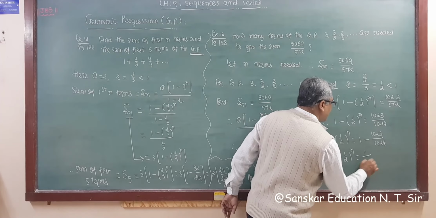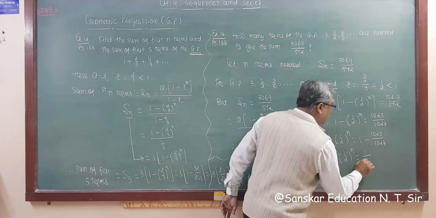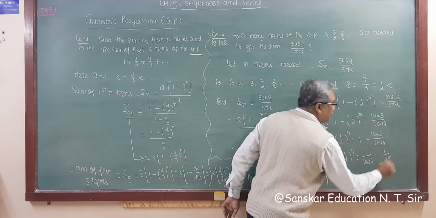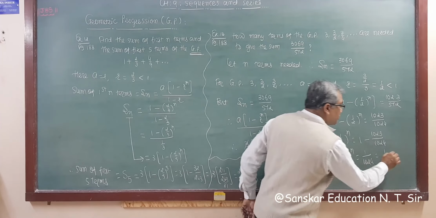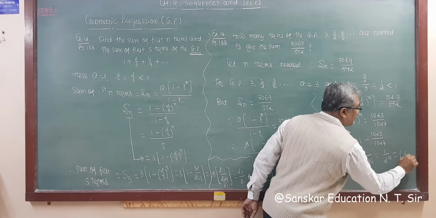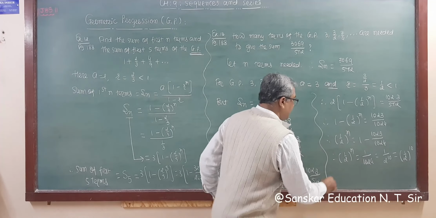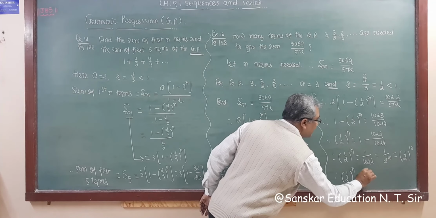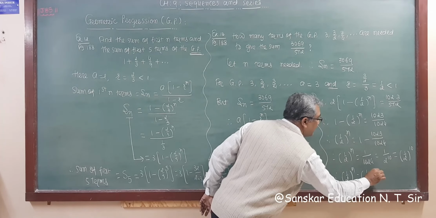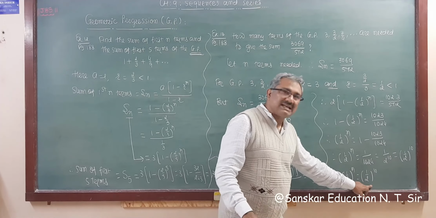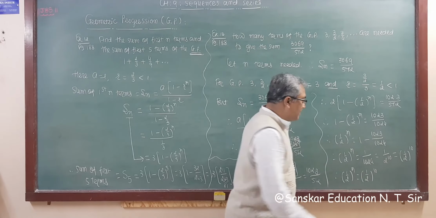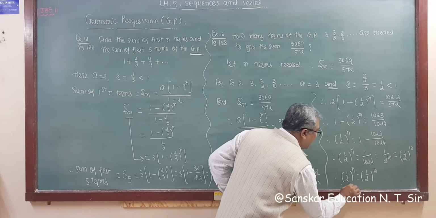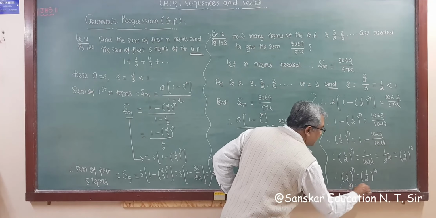So this is 1 upon 1024, that is 1 upon 2 raised to 10, which you know. So 1 upon 2 raised to n is equal to 1 upon 2 raised to 10. The bases of both numbers are the same, which means the powers must be the same. Therefore, we get n is equal to 10. That is your answer.